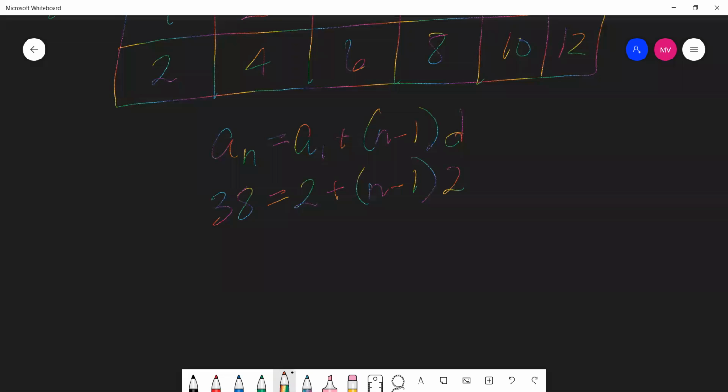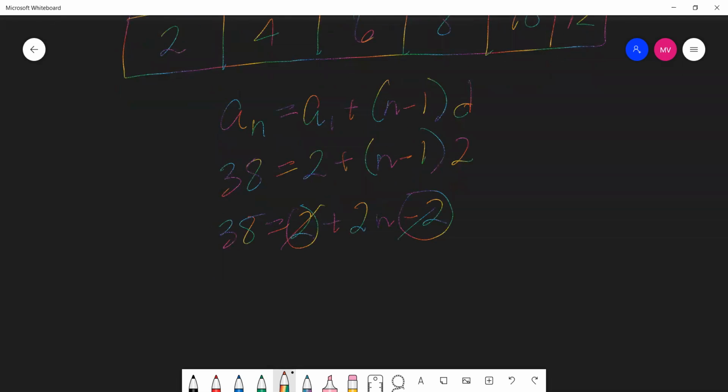Let's see if this works out. I'm not looking at how they're doing it, but I think this should work out okay. So let's simplify. 38 equals 2, let's distribute, plus 2n minus 2. Well, these cancel each other out, right? Because 2 minus 2 is what? And any number plus 0 is that number.